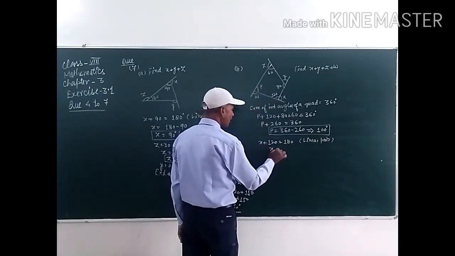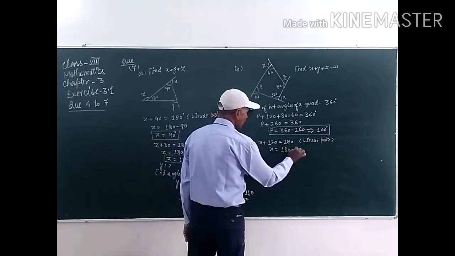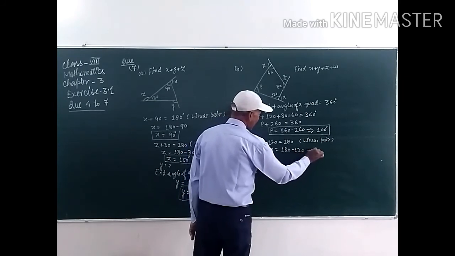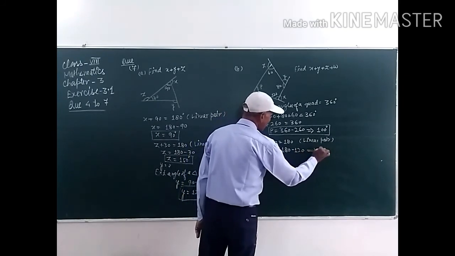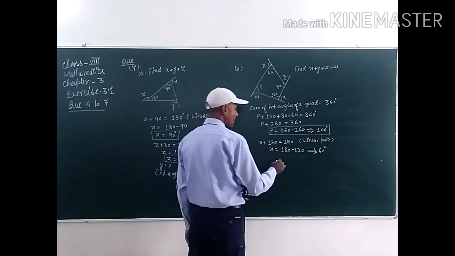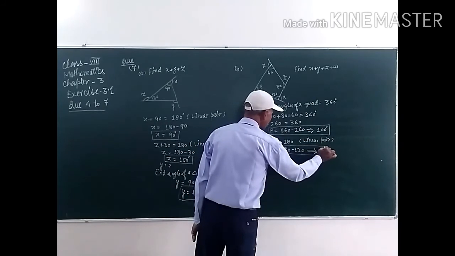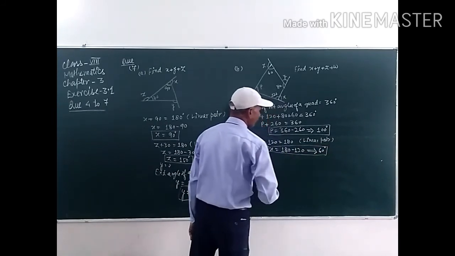So x is equal to 180 minus 120, and it will be 60 degrees, student. The value of x is 60 degrees here.